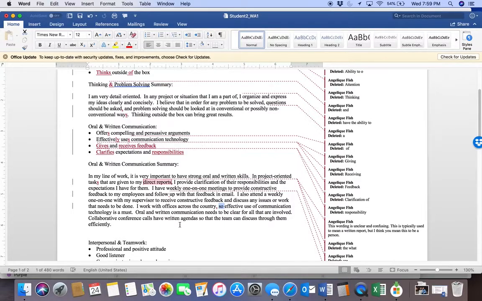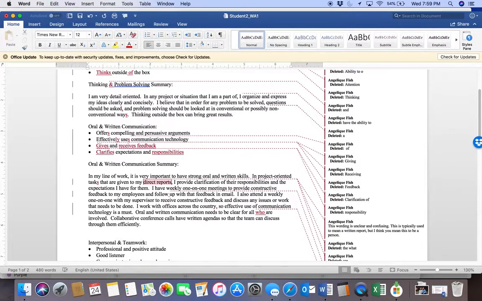Effective use of communication technology is a must, is a complete sentence, so we join that with a conjunction and a comma. Oral and written communication needs to be clear for all who, because we're talking about people, are who's, not that's, who are involved. Collaborative conference calls have written agendas so that the team can discuss them efficiently.